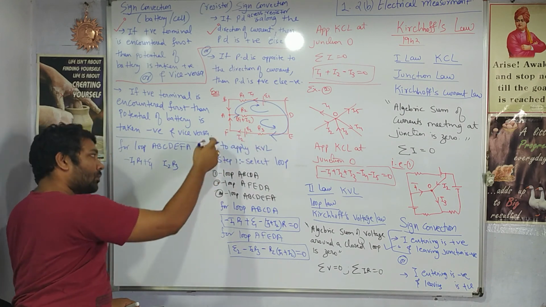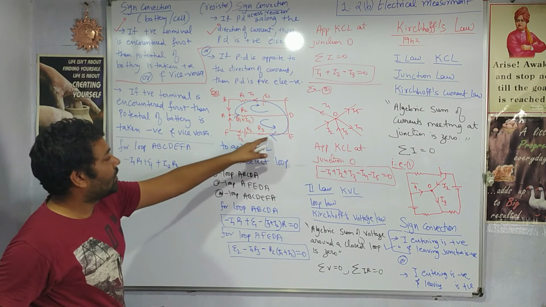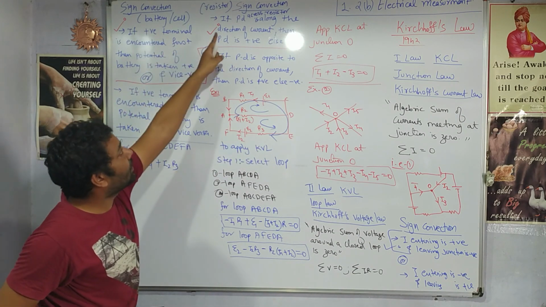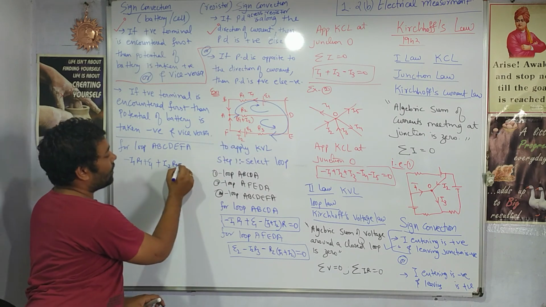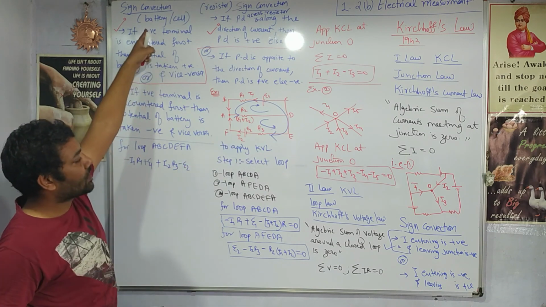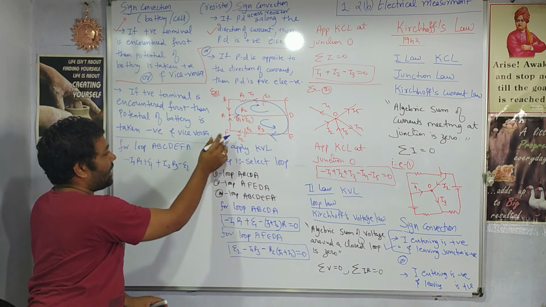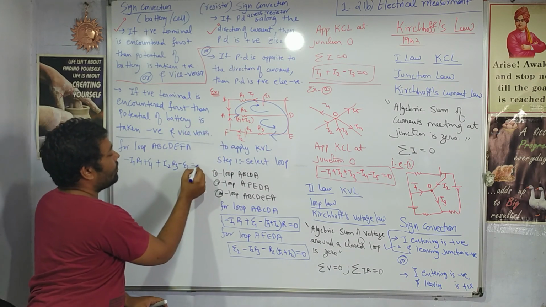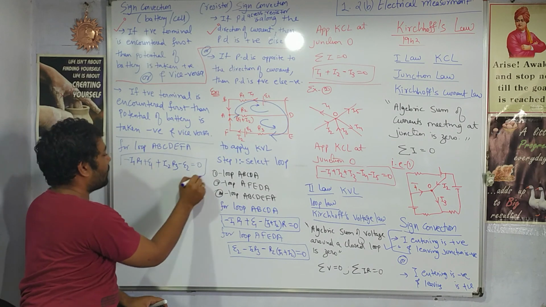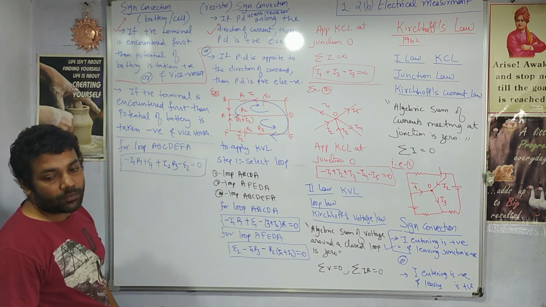Positive, because we are moving in the direction of the current, right? Then the negative terminal of the battery is coming first, so minus E2, this time by convention. Then F to A, nothing is there, so 0. So this is the third equation we have obtained using Kirchhoff's voltage law.